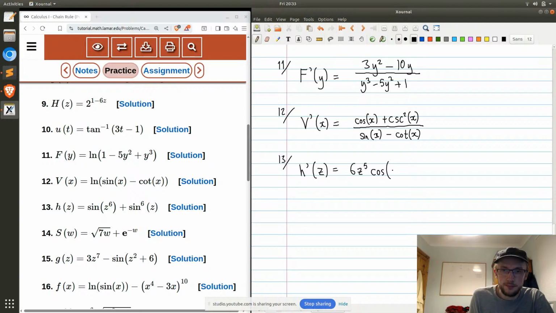Cosine z to the 6. Then what's happening here is the function sine of z is being raised to the power of 6. So to properly differentiate that would mean 6 goes here, 5 goes here, and let me think about that.